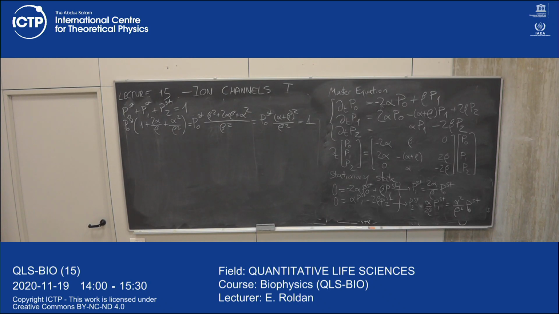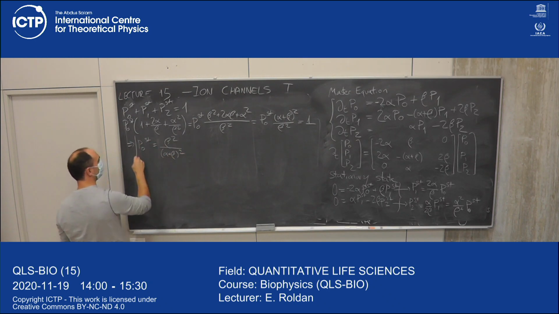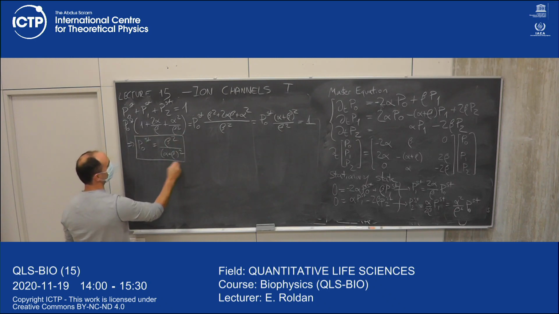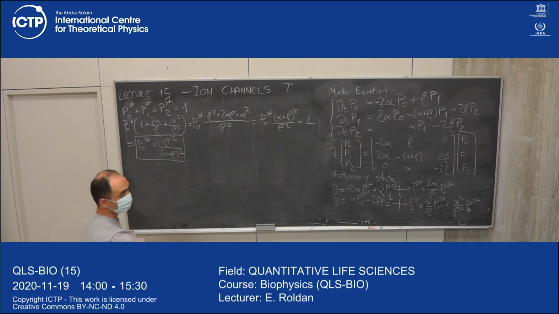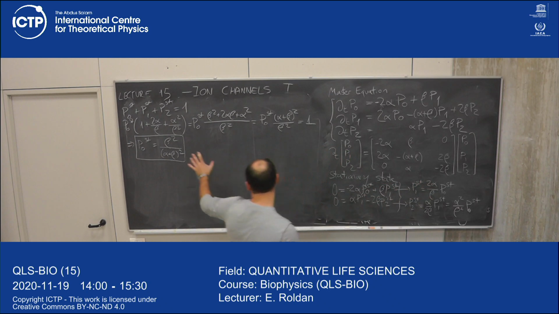Yes. Okay, so now you can solve immediately from this equation that P0 stationary is beta squared divided by alpha plus beta squared. Solved. Now I use this equation, 2 alpha divided by beta, whatever I have here.